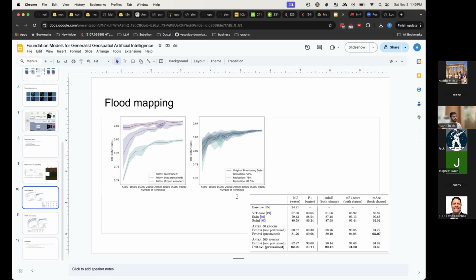So one of the problems with these kinds of tasks is it's not very common to have labeled data sets for a lot of these things. So it's very difficult to go in and say, I'm going to go label the entire Earth for some specific thing. And so they're trying to say, well, if we could do something that could learn from just 100 examples better, that would be very valuable.